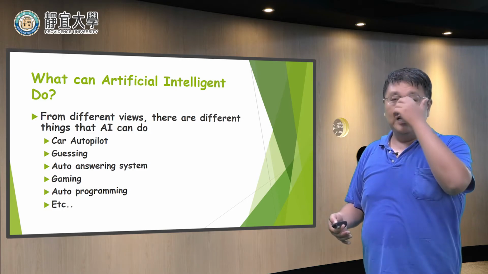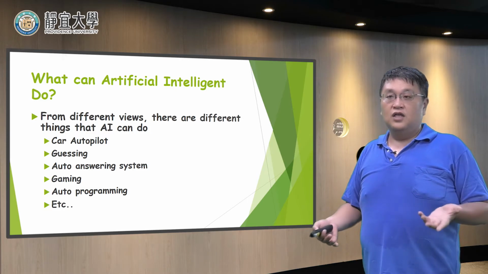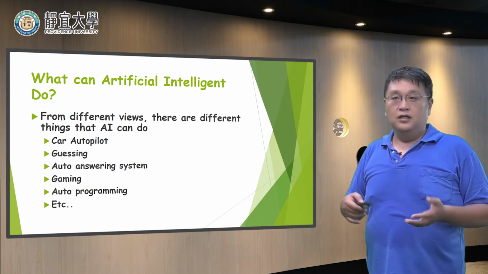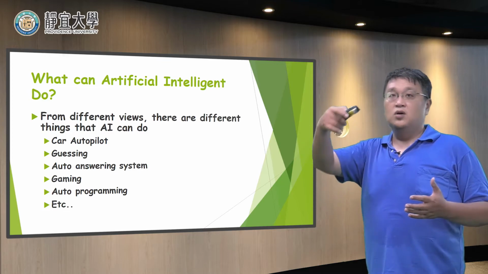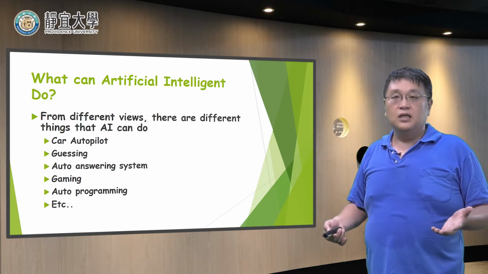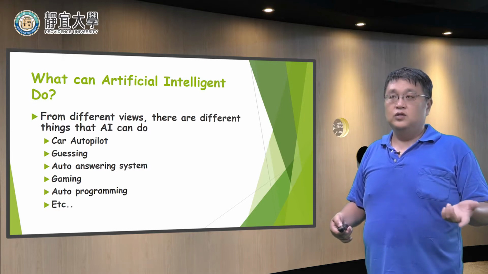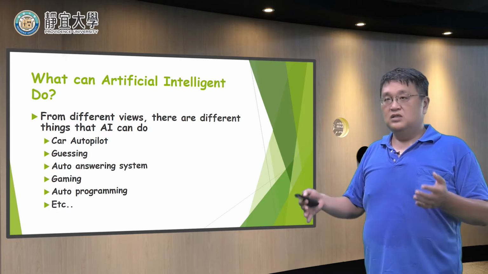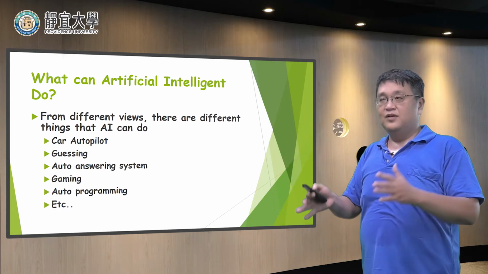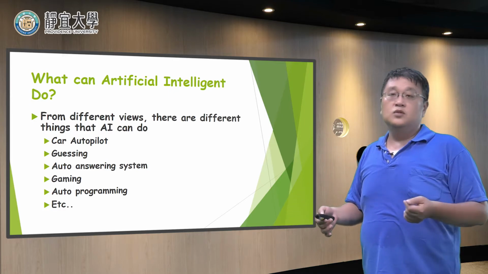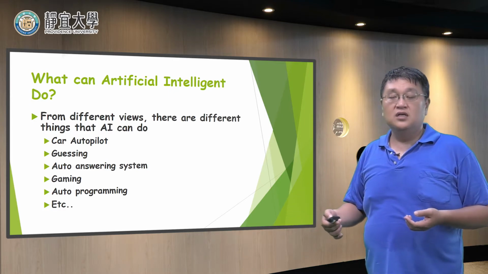So you can ask the robot, how can we get to the university? And it will give you a way to do that. Something like gaming: you play Star Wars 2, which uses human versus computer. How does the computer do it? It uses artificial intelligence.